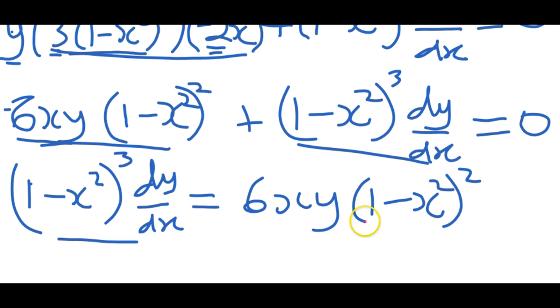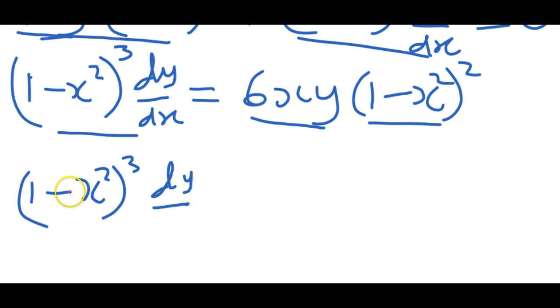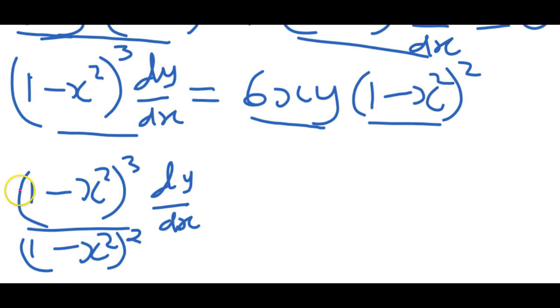And I want to keep this as a subject here, so I'll divide both sides by this one. And dividing both sides by that, it means I'm going to have 1 minus x squared all power 3 dy dx divided by 1 minus x squared to the power 2 is equal to 6xy.